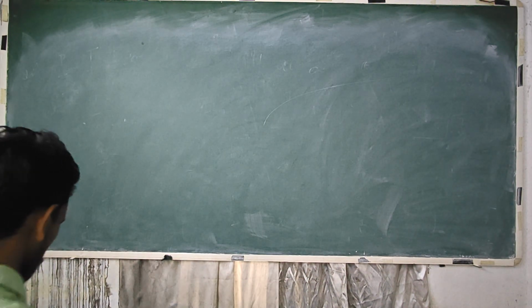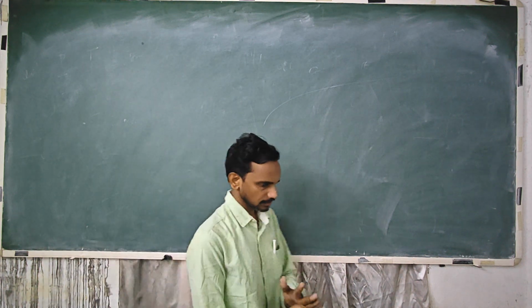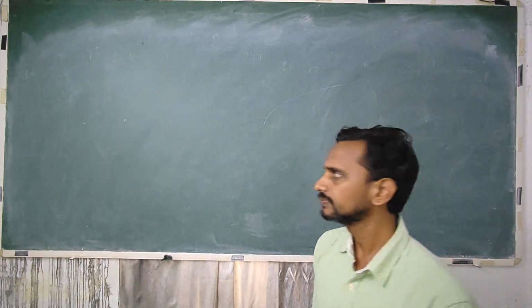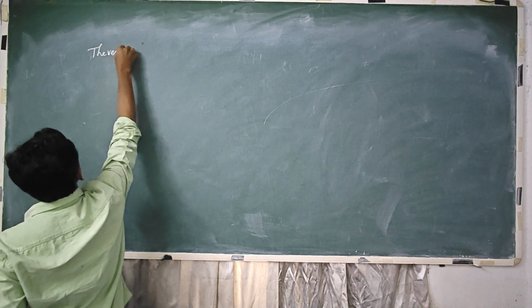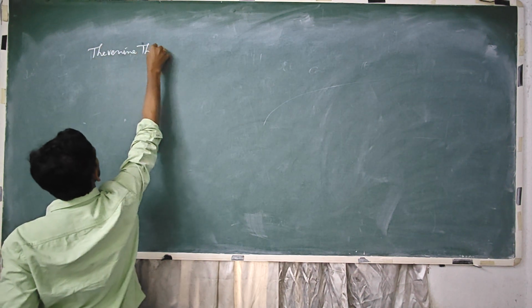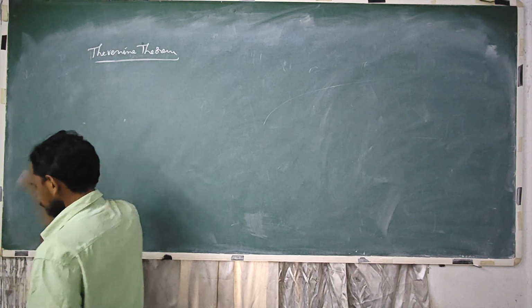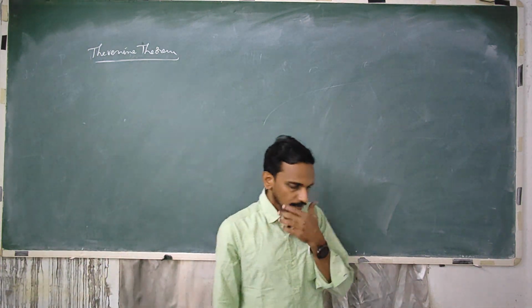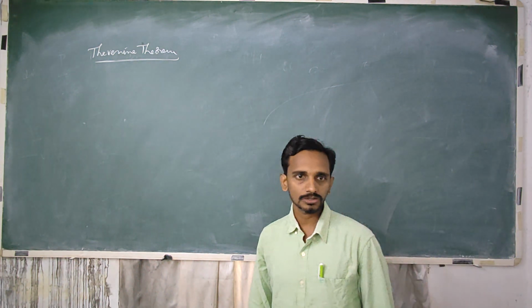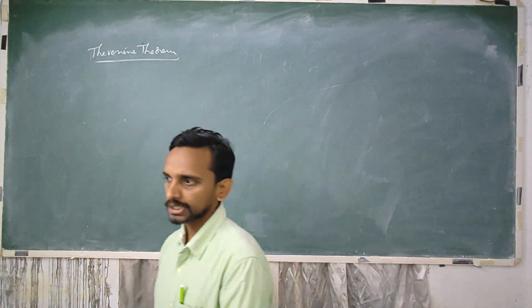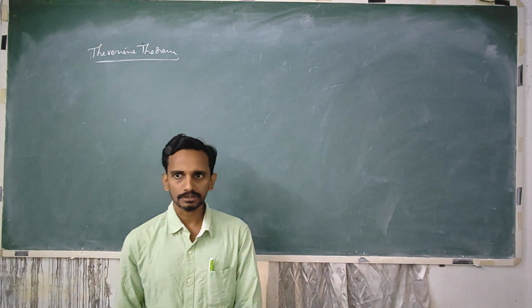Right, so our next experiment is Thevenin theorem. The statement says any complex circuit can be reduced to a voltage source in series with a resistor.